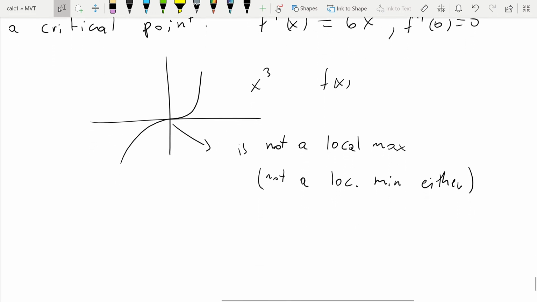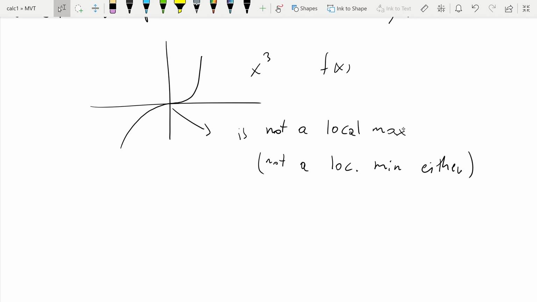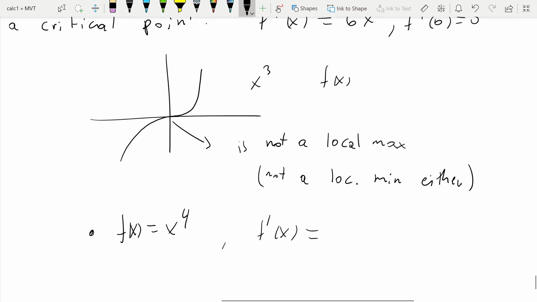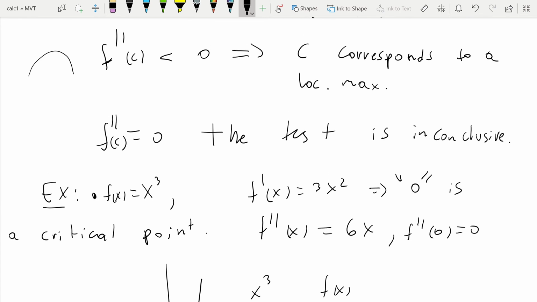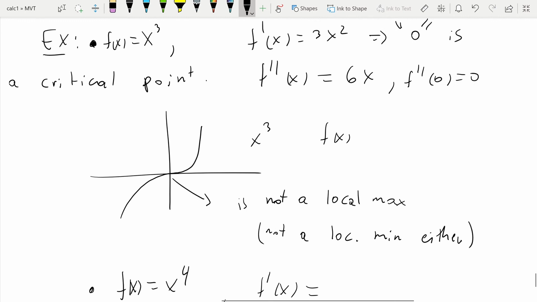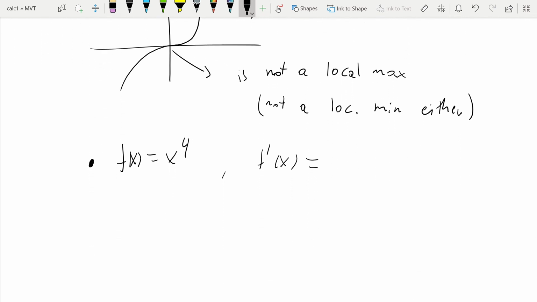Right, and we also have examples like f of x equals x to the 4th. This is another example: f prime of x is equal to 4x cubed, and f double prime of x is equal to 12x squared.